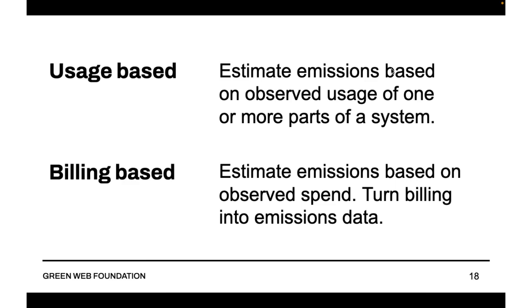Now, there's plus points and minus points for the two of these, but it's useful to bear in mind, because for developers, you're probably going to be doing things with usage-based stuff first to figure out how to change things. But when you have people asking for reporting, they're probably going to be looking at the billing-based stuff.